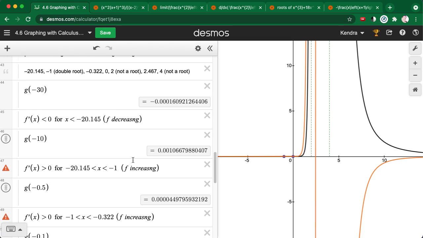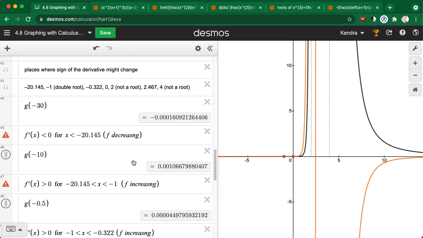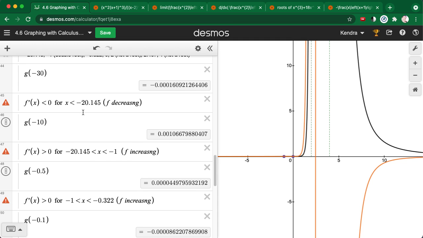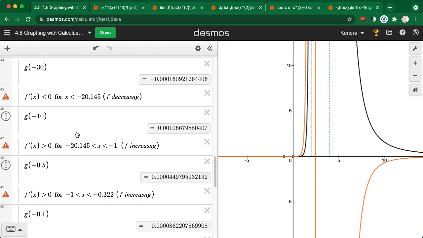So let's put this again together. So this was for x less than negative 20, it's decreasing, and for x greater than negative 20, it's increasing. So we must come down and then up. We must have a local minimum at negative 20.145.